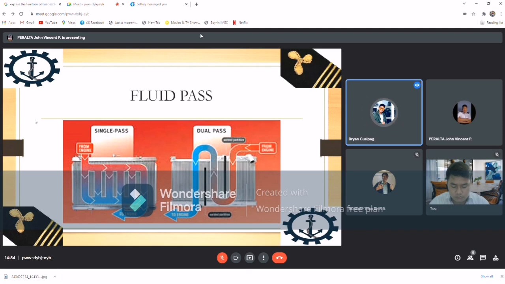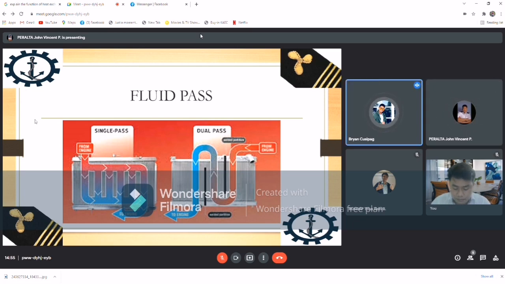Ngayon, ang sinasabi niya dito, yung water natin na mainit, kapag dumaan siya, ay talagang mainit na. Pag dumaan ulit siya sa malamig, malamig din siya lalabas. Ayun yung sinasabi dito. But based on our dual pass, sinasabi dito na multi-pass heat exchangers have fluids that pass each other more than once through the use of U-tubes and bubble, regenerative heat exchangers use the same fluid for heating and cooling.